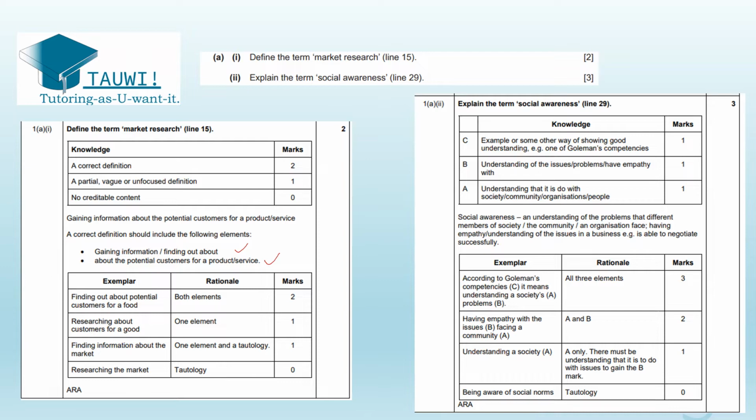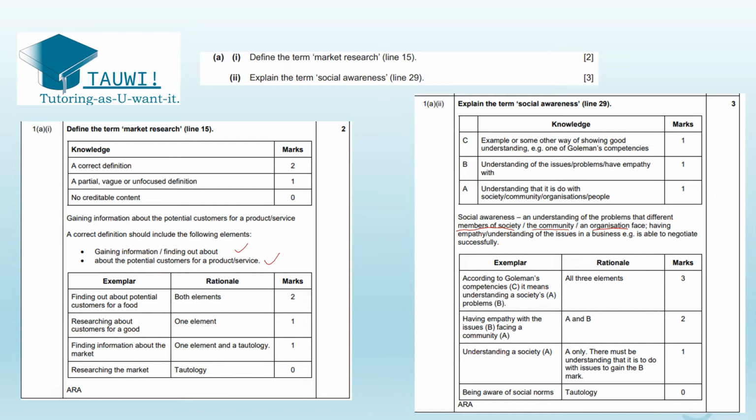So social awareness means you understand other people. You are aware of their problems, the problems of the community, what is going on in an organization. You must understand the issues of a business and the issues of your customers.